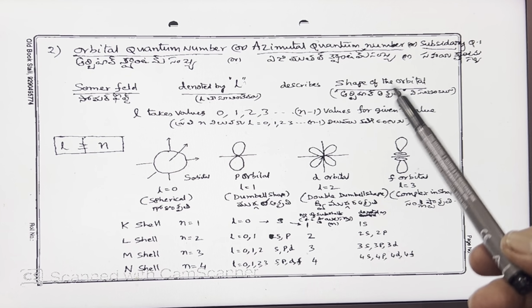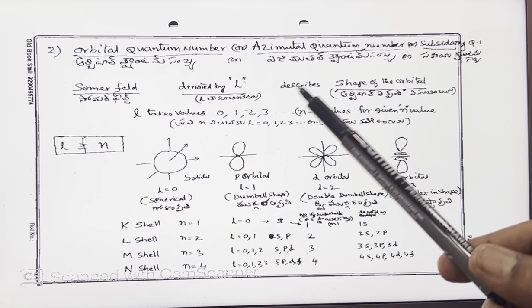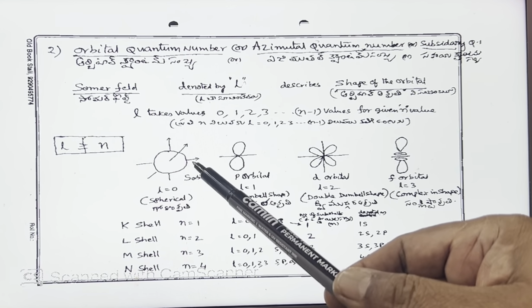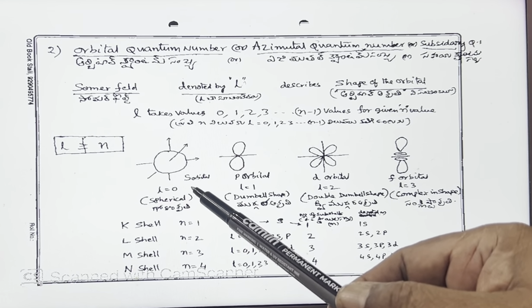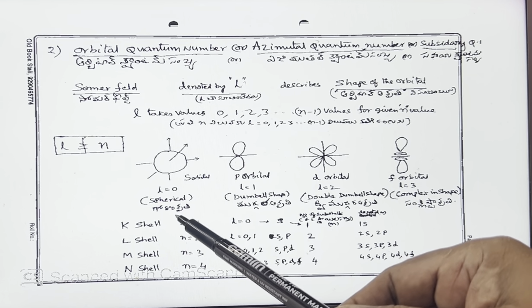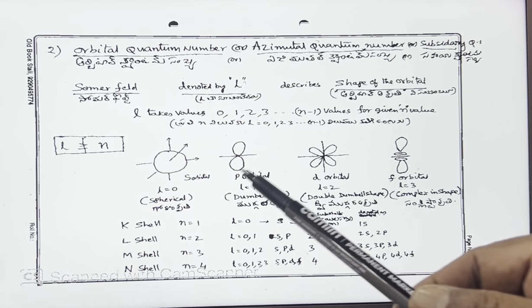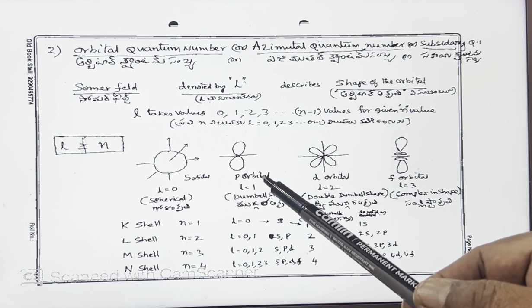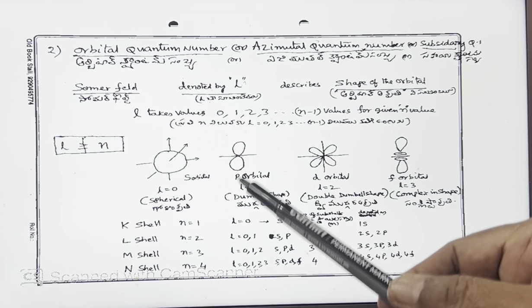Now, let us see the shapes. Suppose L is equal to 0. It is spherical in shape, the s orbital. If L is equal to 1, it is called the p orbital, a dumbbell shaped orbital.